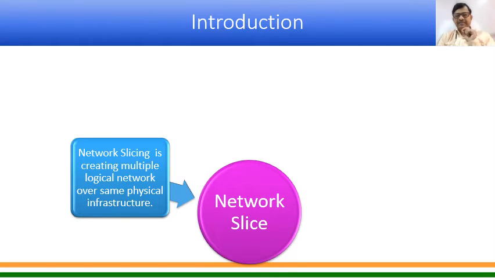What it means is that I can have physical infrastructure like servers, compute, memory, network, and I would virtualize that environment. On top of the virtualized environment, I have many network functions related to 5G, and those are logically partitioned. So I have multiple logical networks on the same physical infrastructure.